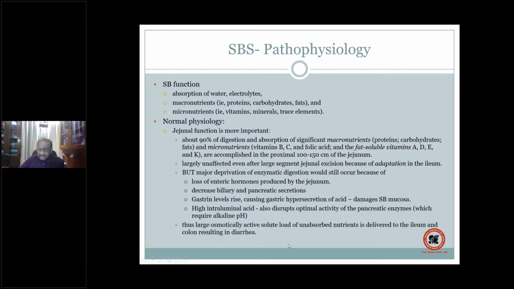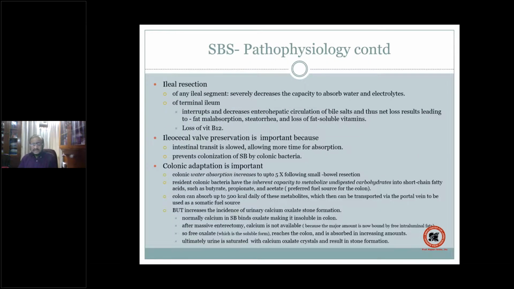Thus, what is happening in these patients is that a large osmotically active solute load of unabsorbed nutrients is delivered to the ileum, which then undergoes an increased amount of hygroscopic expansion, imbibing water, the volume rises, and these patients ultimately present with diarrhea.